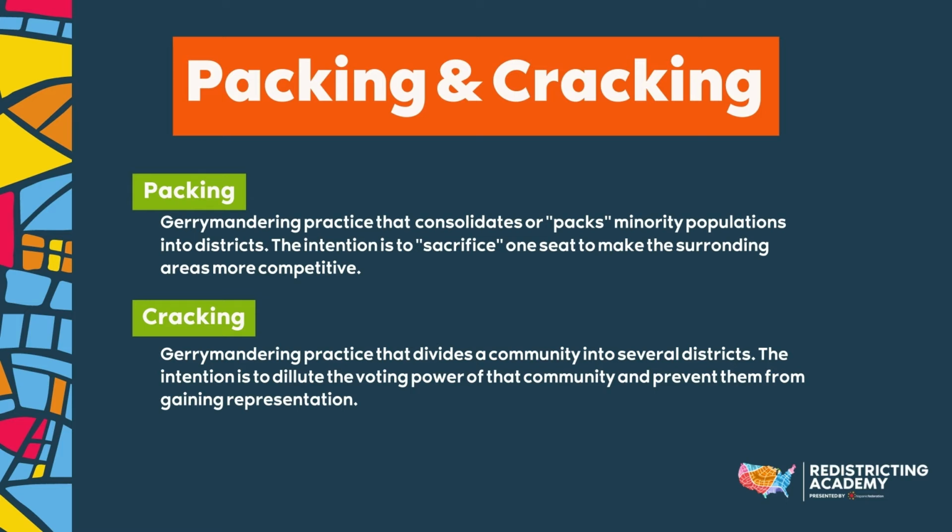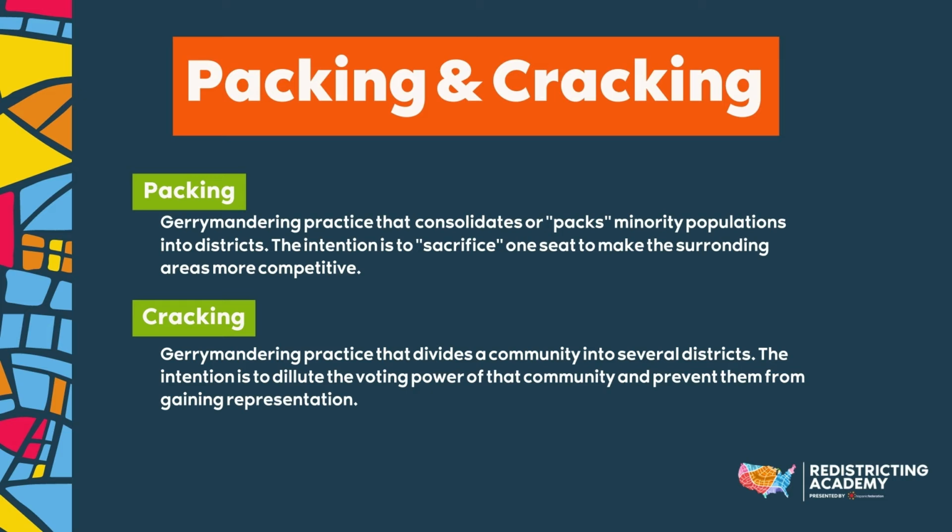Now, normally in practice, what ends up happening is that the party in charge, or the people that want to favor one group over the other, sacrifice technically one seat. They give it to that group that they don't want having more seats by packing the most that they can into that district. And then they make surrounding areas more competitive.